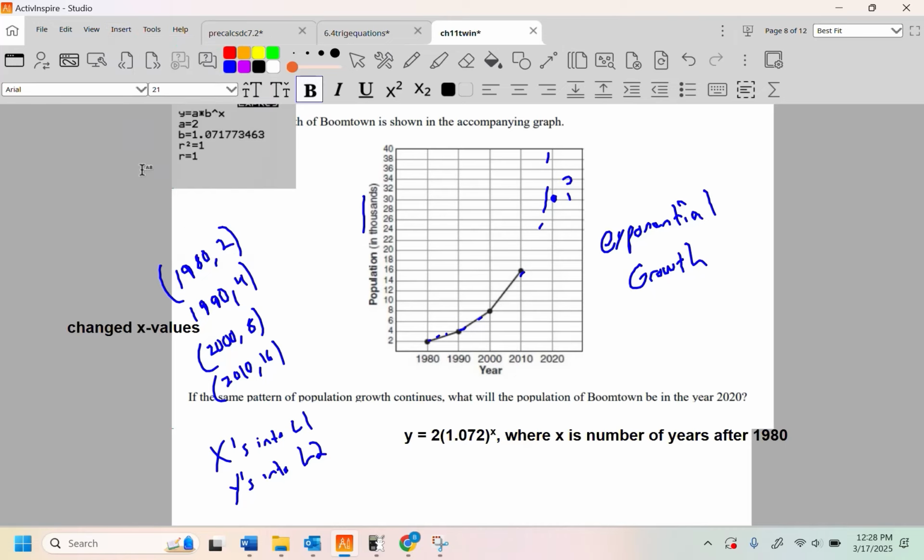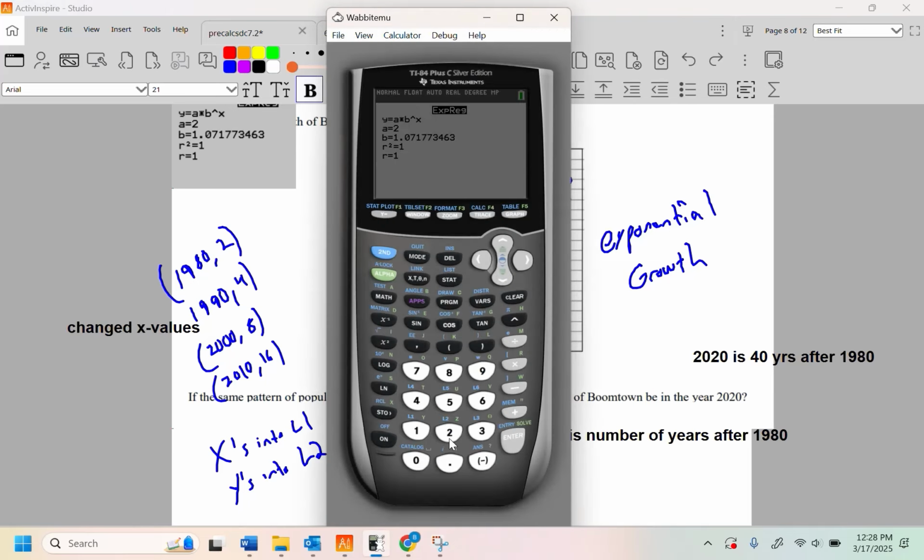If I want to know what the population of Boomtown is going to be in the year 2020, well, 2020 is 40 years after 1980. So I'm just going to feed this a 40. Y equals 2 times 1.072 to the 40, and let's see what that is.